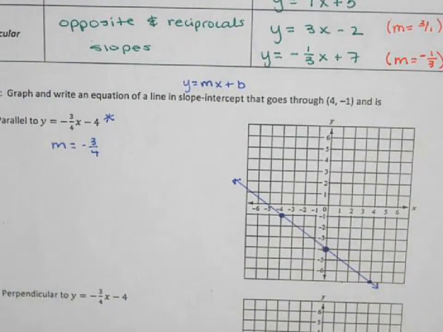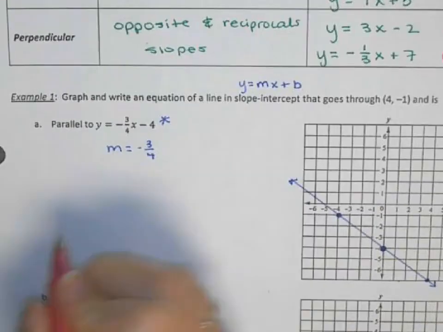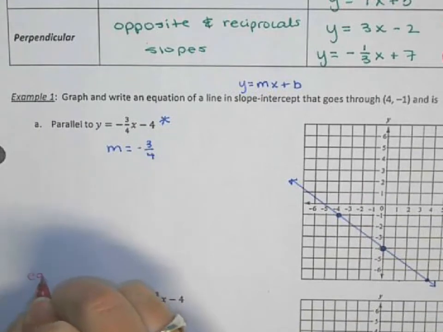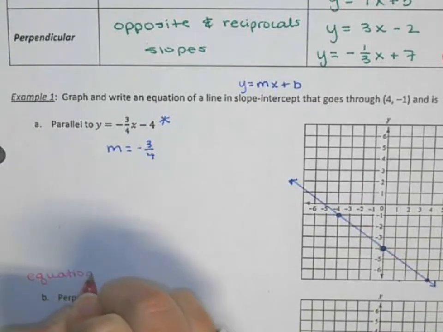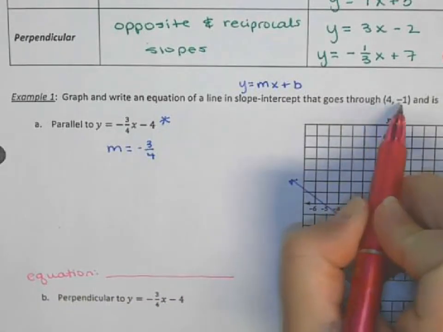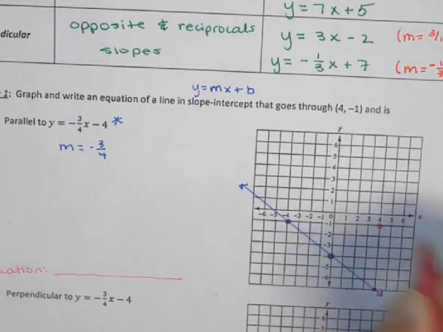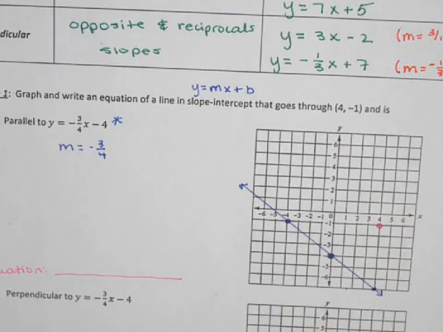All right, next, I am going to try to write an equation. So my answer is going to be an equation. It has to go through (4, -1). So right 4, down 1. It's got to go through this point. And what does the slope have to be?